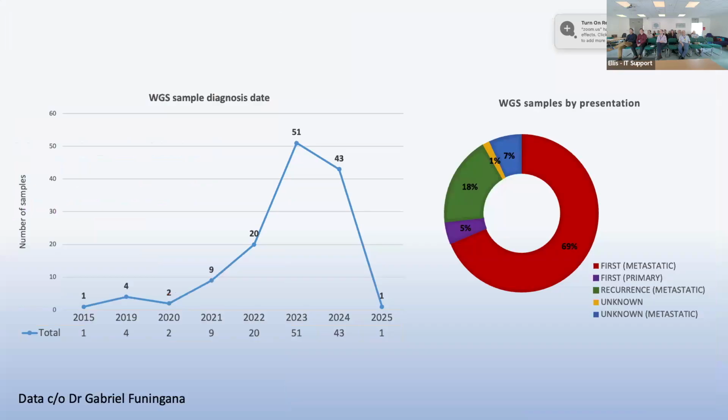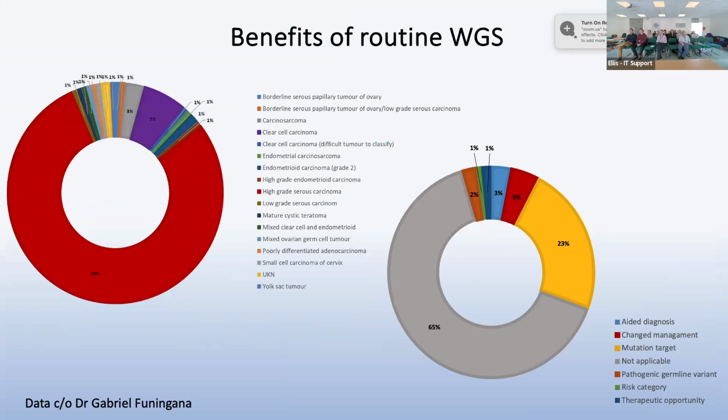The third group that we've been looking at are the ovarian carcinomas. This is like a pilot study. They're mainly high-grade serous, but we do have a range of other subtypes as well that we sequenced. And you won't be surprised to hear that, again, roughly a third of these cases did yield an alteration that altered management.